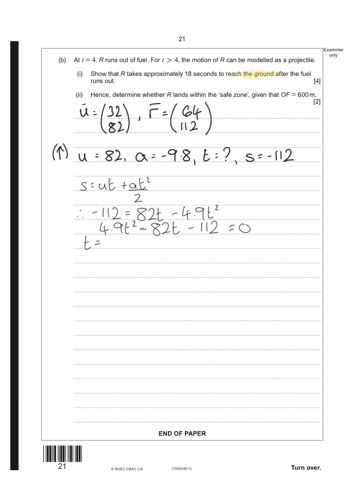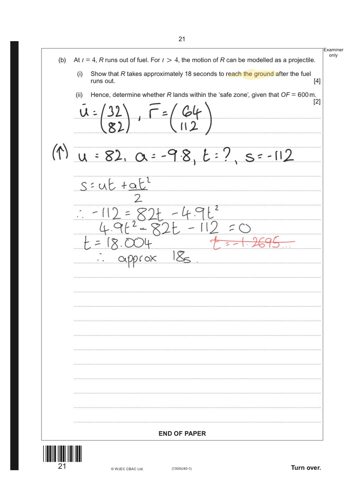So I'm going to go into the polynomial solver, degree 2, so I've got 4.9, minus 82 and minus 112, and I get one solution of 18.004, so that's pretty close, and the other solution is negative, therefore approximately 18 seconds. I'm going to write the other one in red: t equals minus 1.2695, and we're obviously going to ignore that one.